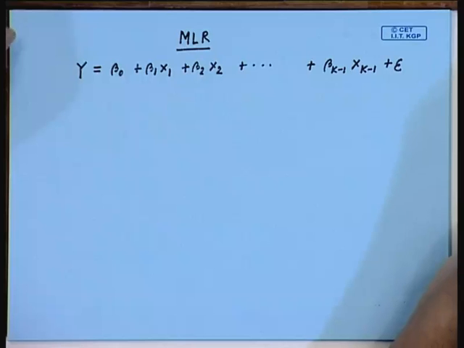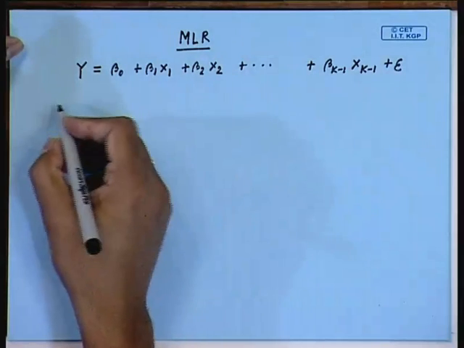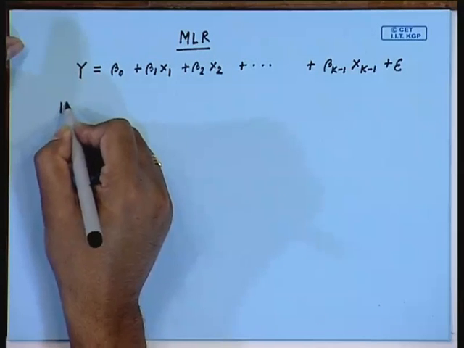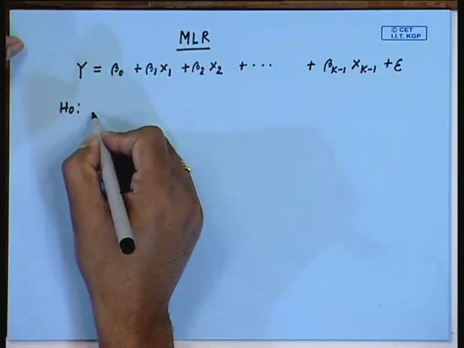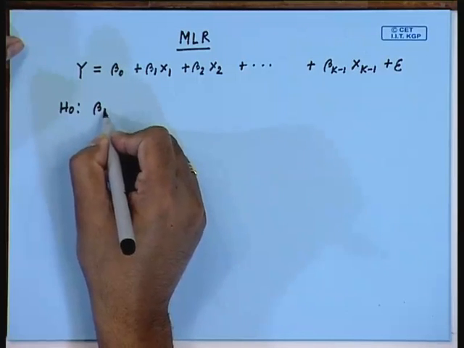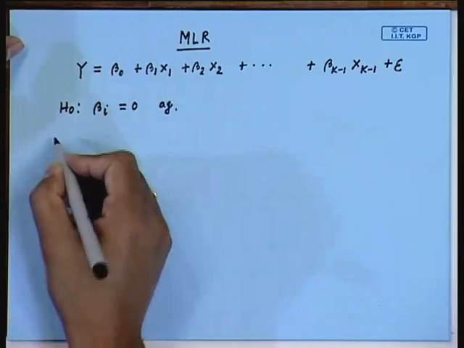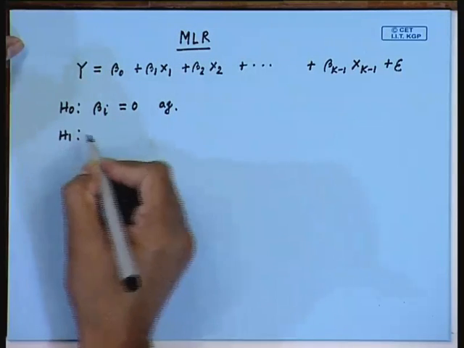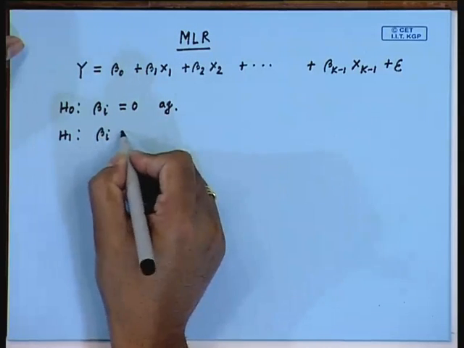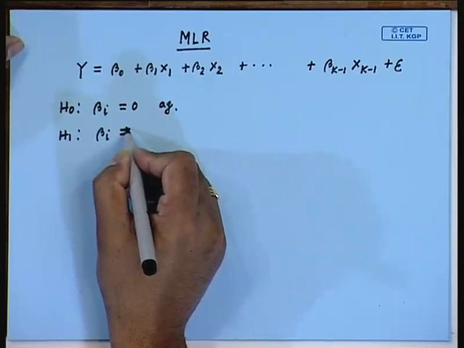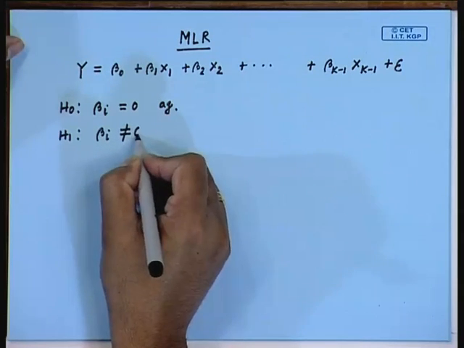We test the hypothesis H naught: beta i equal to 0, against the alternative hypothesis H 1: beta i not equal to 0.